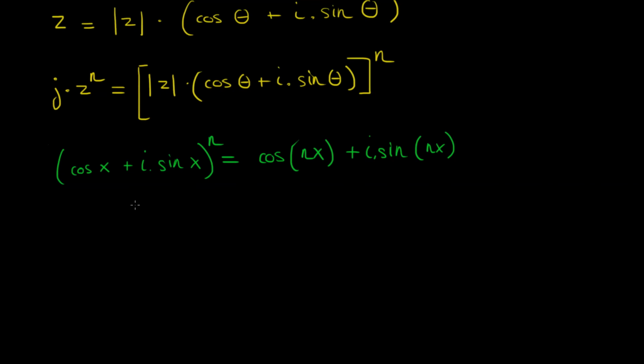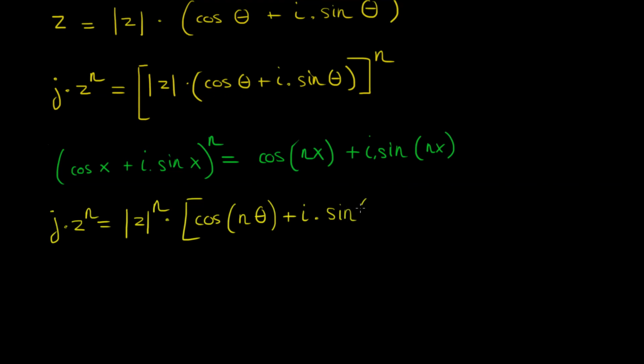So using this formula we get that j times z taken to the n power is equal to the modulus of z taken to the n power times cosine of n theta plus i times sine of n theta.